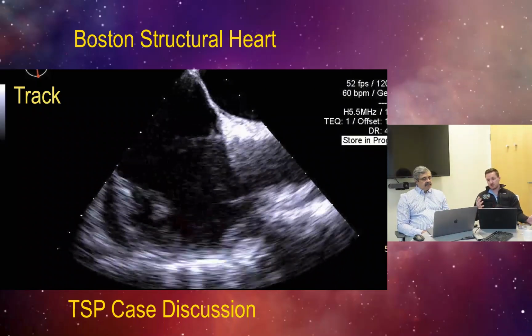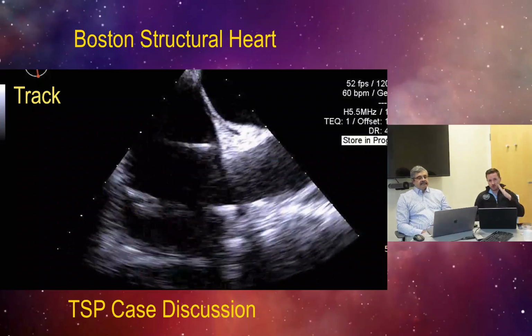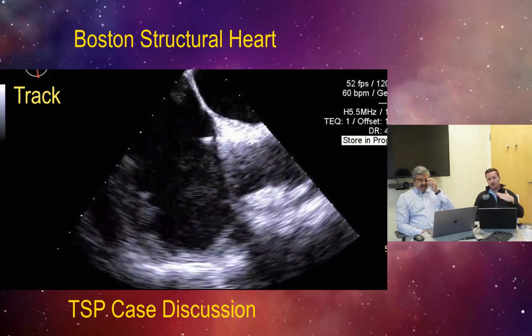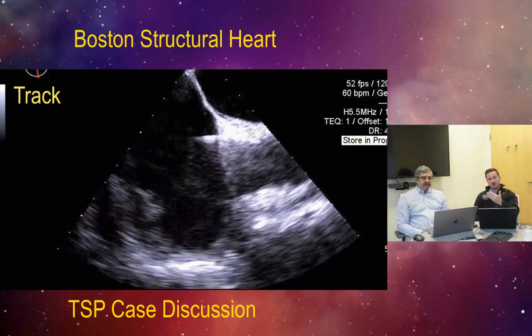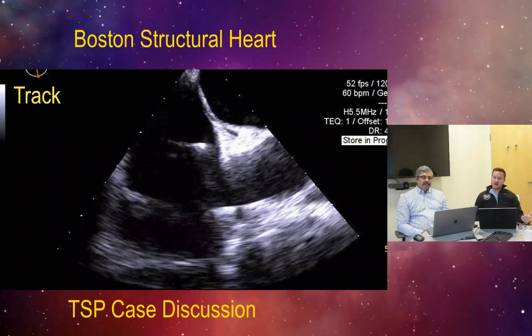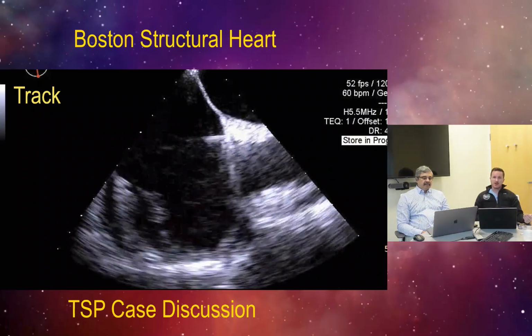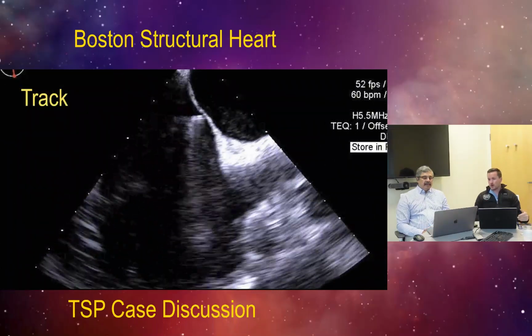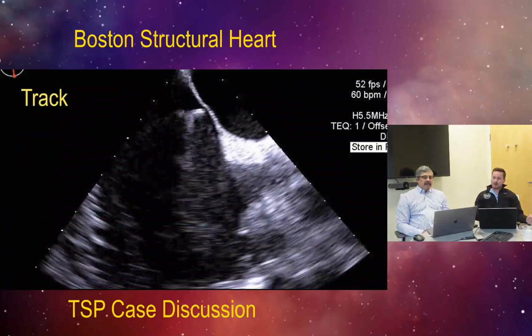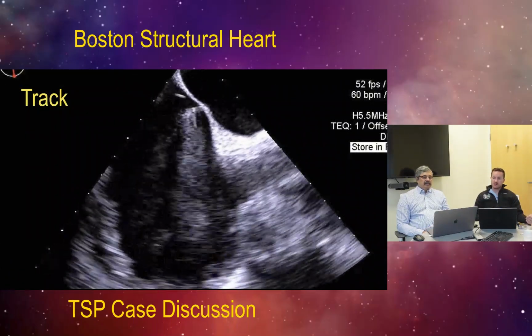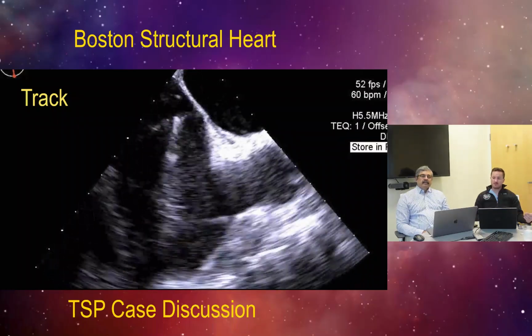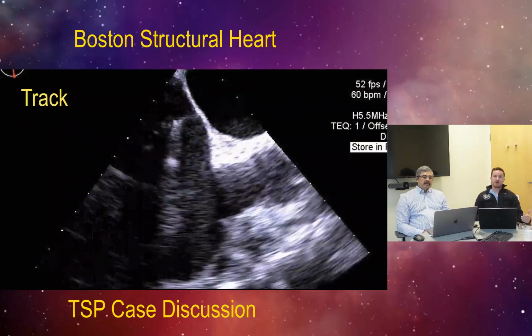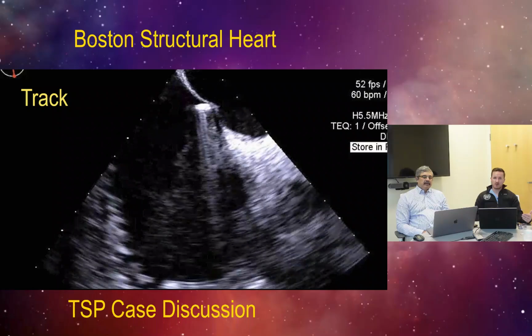So Aidan, is there any trick that you use to identify the tip of the needle? Yes. So first of all, your needle should be continuously in view the entire time, and as the proceduralist is coming back onto the fossa ovalis, you want to identify the tip. Now, I don't know why, I can't explain it, but as we see here in this image, there's a reverberation artifact coming from the tip of this septal needle.